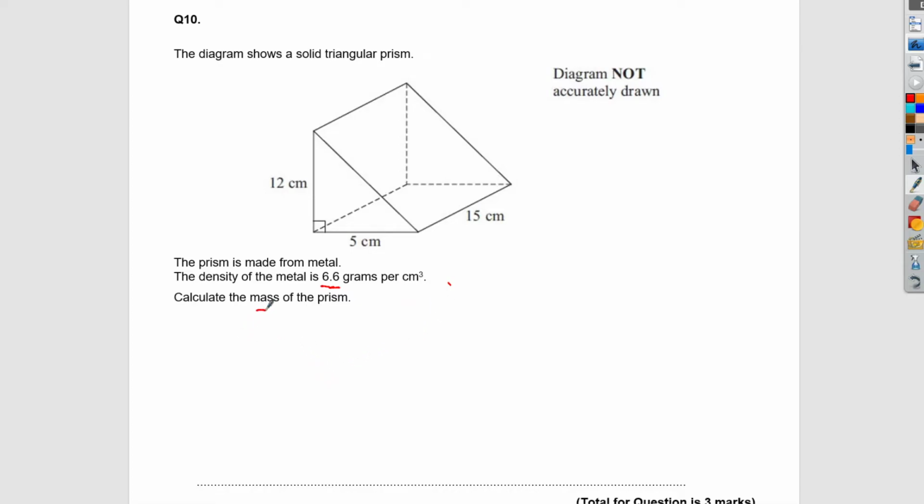Calculate the mass. Now the way I do this, first of all, I'm going to write what I say. Remember the triangle by remembering the word MVD.